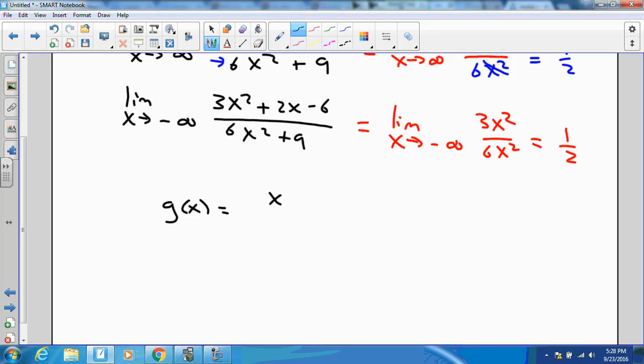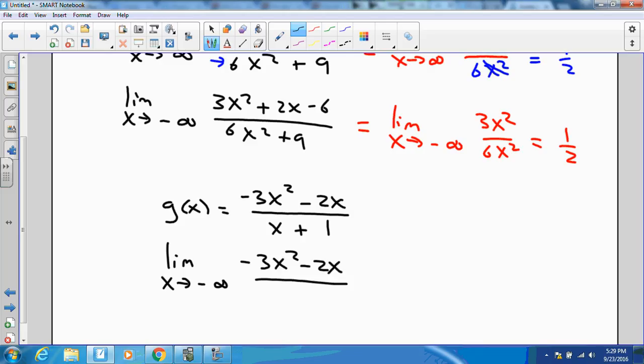Let's consider g of x equals, how about negative 3x squared minus 2x all over x plus 1. And we want now the limit as x goes to negative infinity of g of x. So we're going to accomplish this, first of all, with end model replacement. We're going to replace the numerator with its end model, which is negative 3x squared, the highest powered term.